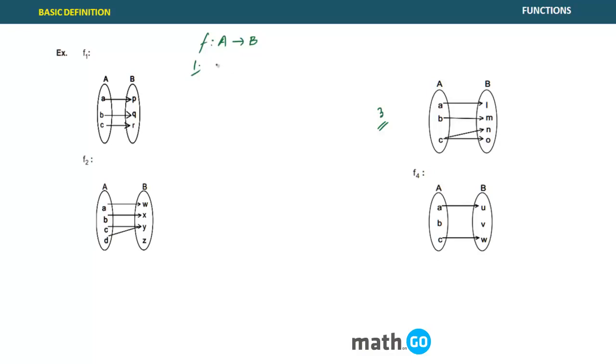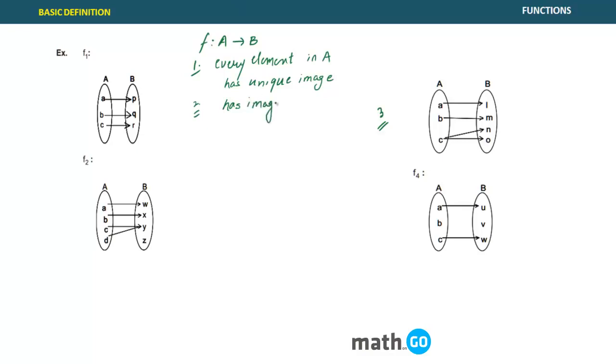For functions to exist, every element in A has a unique image, right? And the second condition that we have to apply here is that there should be no empty element, that is, every element has an image, right? It should have an image.